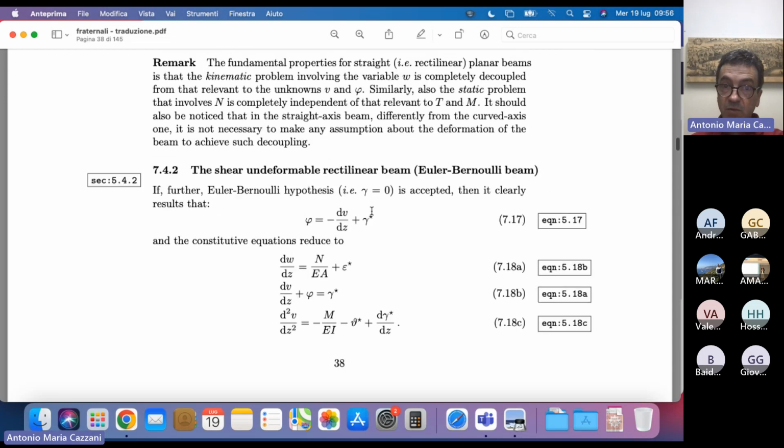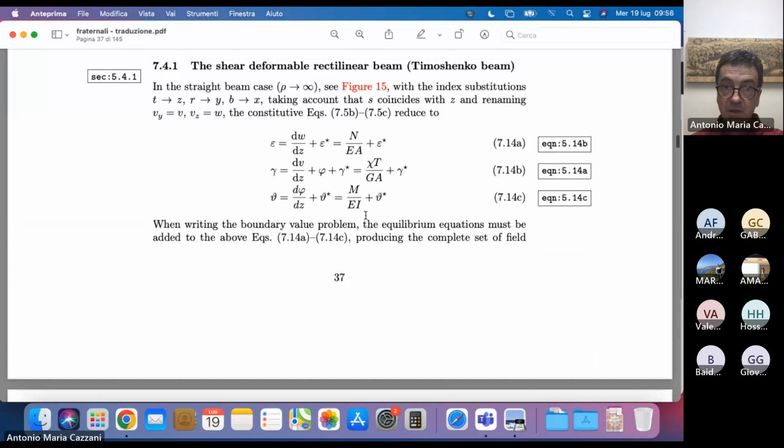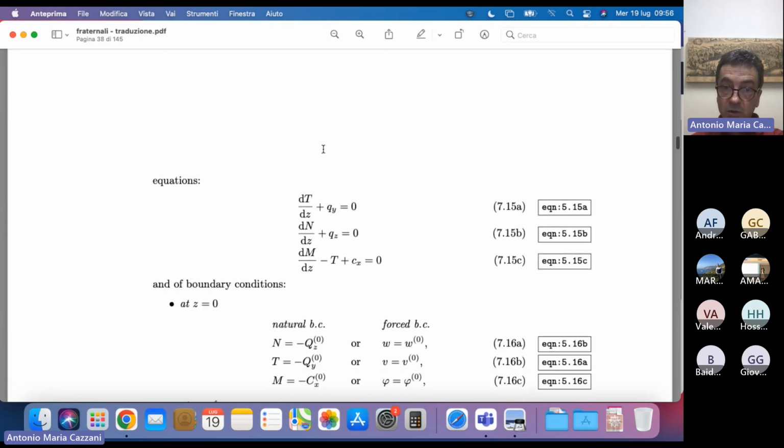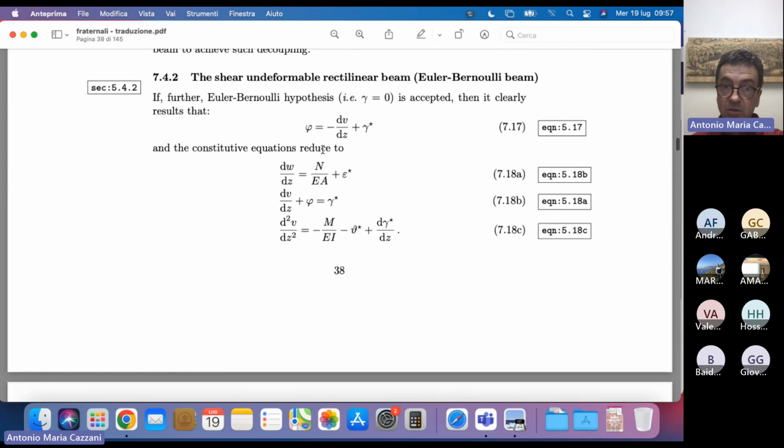So as we have seen before, if we say that gamma is zero, that means that the derivative of v with respect to z plus phi, plus gamma, must be zero, and so it is possible to eliminate from the formulation the value of the cross-section rotation phi. And then introducing it into the last constitutive equation, we can connect the transverse displacement v to the bending moment through this equation.